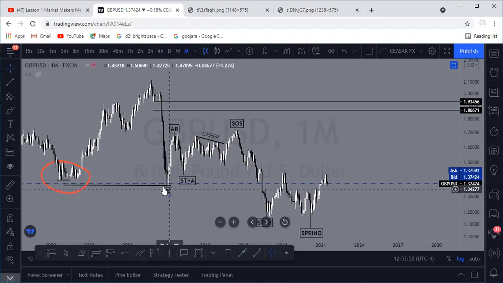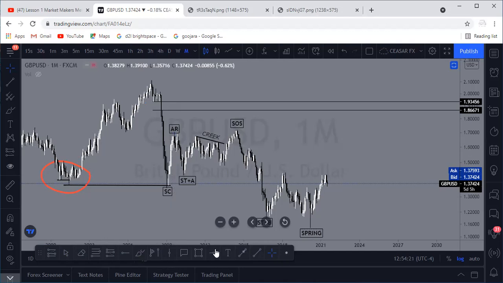The market moved aggressively to the downside, grabbing the sell stops that were below this low. You can see that the market, after grabbing that liquidity, went back up like this to close this gap that was here.